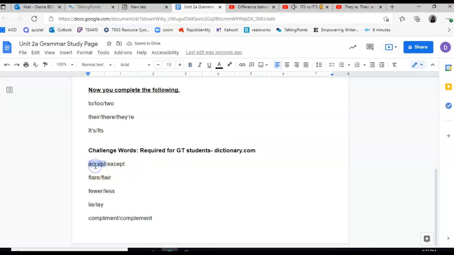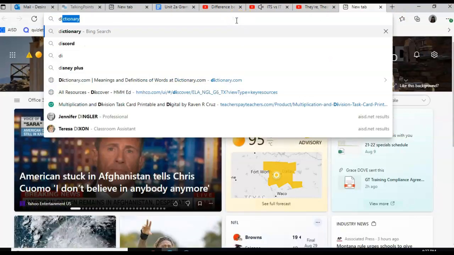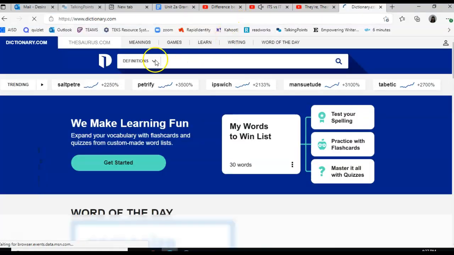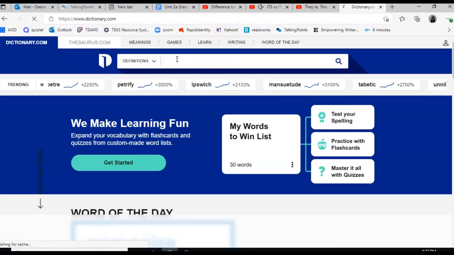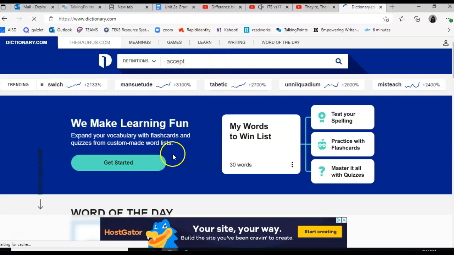When you go to dictionary.com, you'll open up a new page, and where it says definitions, you'll type your first word. So in this case, it's accept, and hit enter.